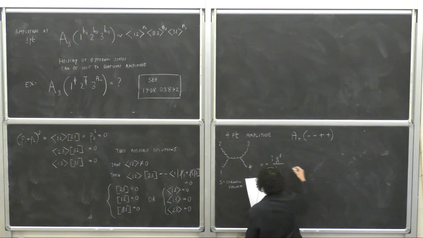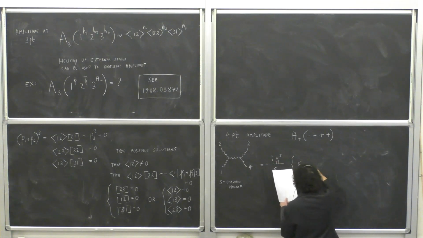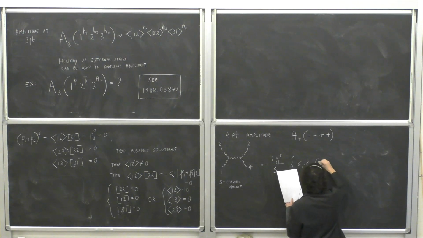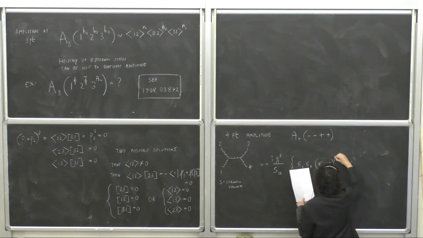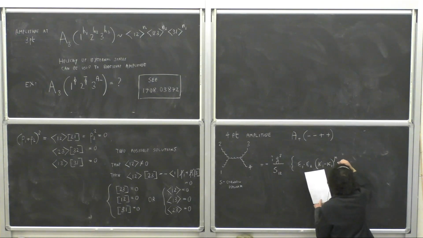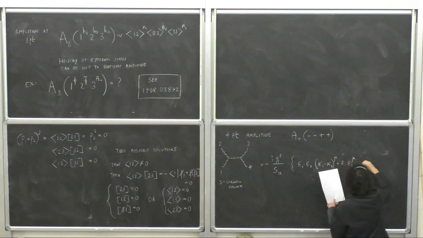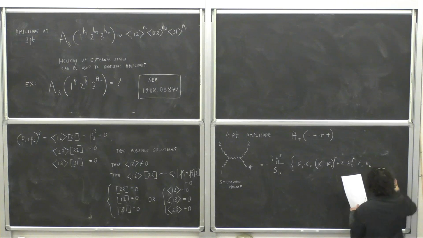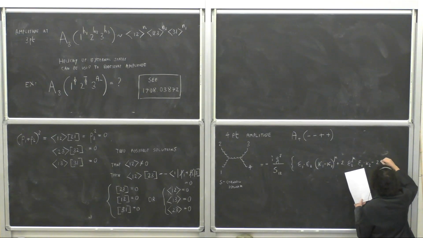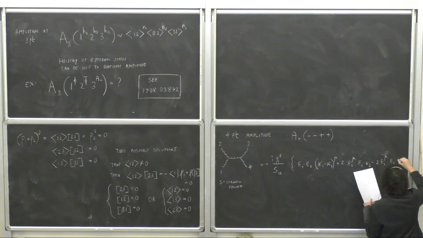With an overall minus sign, and then there would be the contraction as in this exchange: epsilon1 dotted into epsilon2, (k1 minus k2) with a free index mu, and then you have plus 2 epsilon2^mu (epsilon1 dotted into k2), minus 2 epsilon1^mu (epsilon2 dotted into k1).